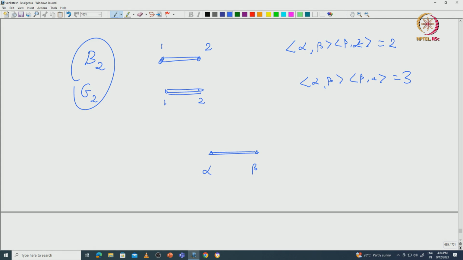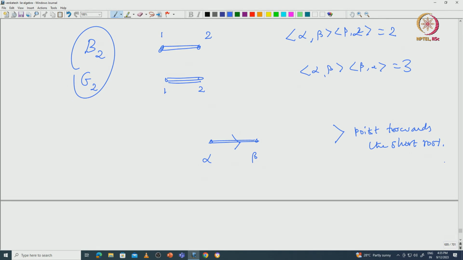If beta is a short root, you put an arrow from alpha to beta. The point of this arrow should always point towards the short root. So, this way we get what is called the Dynkin diagram.